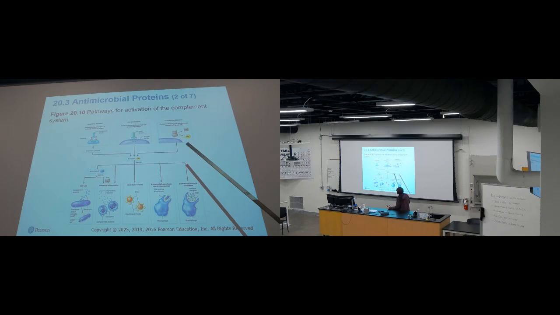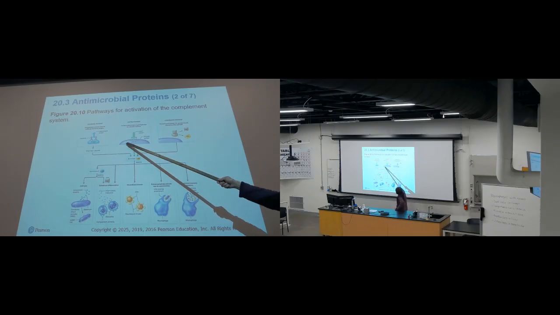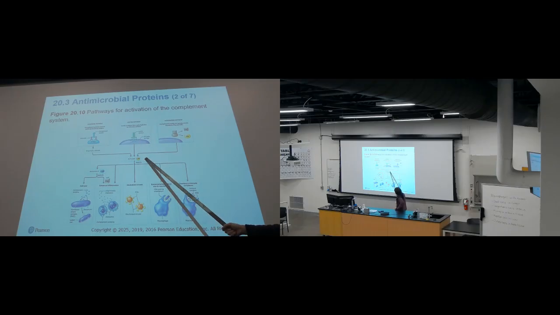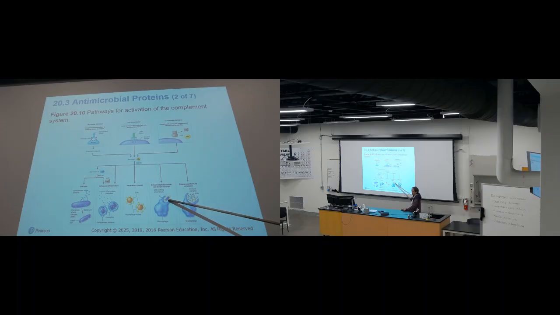And then the alternative pathway is just cleaving this C3 into C3a and C3b, and then all of these pathways, the alternative, lectin, and classical, merge in this area where you have activation of C3b. With this C3b, you can neutralize viruses because it attaches to the surface of viruses, or it can coat bacteria, and with this coating, the macrophage gets attracted much easier to this bacteria, to endocytose this bacteria. So this is called opsonization.